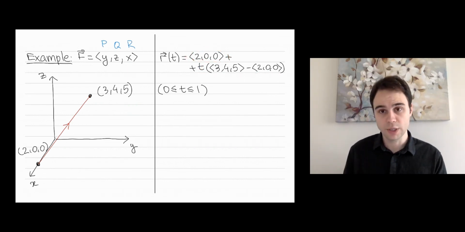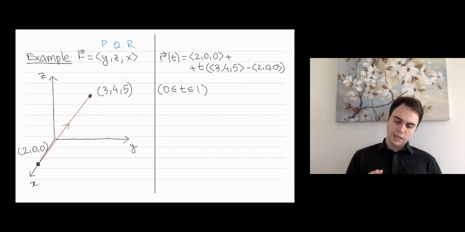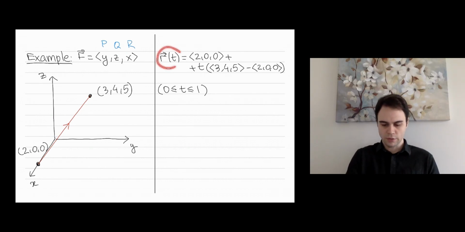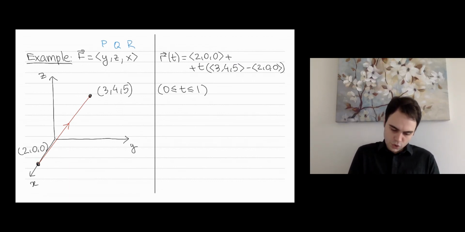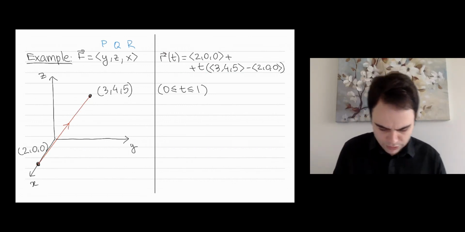So I just get the endpoint when t is 1. And as t increases between 0 and 1, the x, y, and z components of r of t change linearly, they interpolate linearly between these components. So you're really moving along this line and joining the two points.